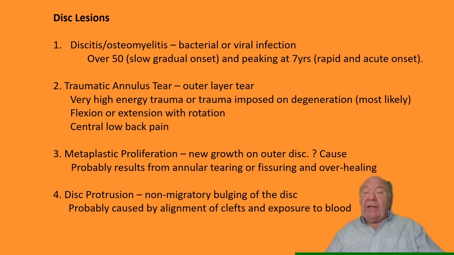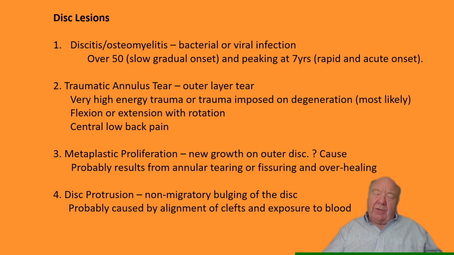Traumatic annulus tear, the outer layer tears. Now we get degenerate tears, obviously. The annulus does tear degeneratively. These are horizontal clefts, which is arguable whether it is actually a tear or whether it's just a separation of the lamina. But on the outside layer, this is where more traumatic tears are occurring.